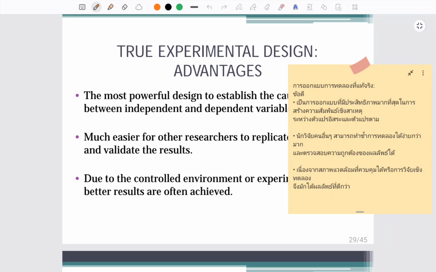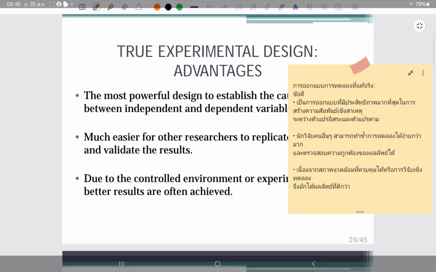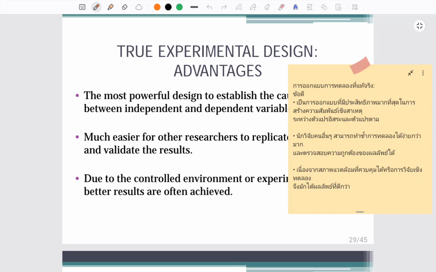We call it replication, to make sure that it actually works. For the experimental study design, it's easier for other research teams to replicate the previous one.